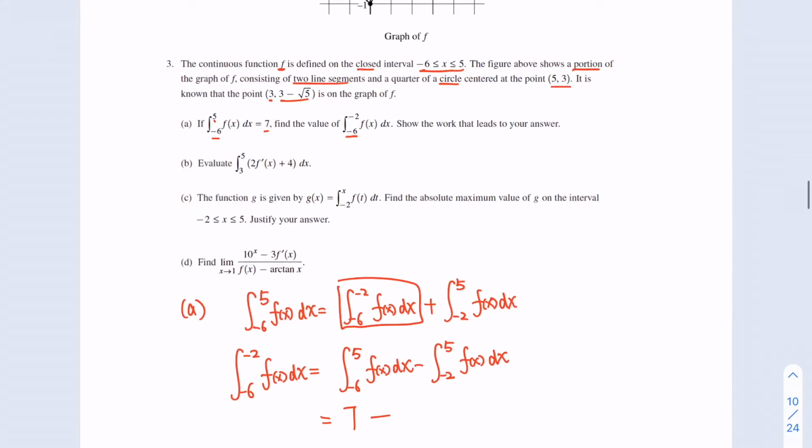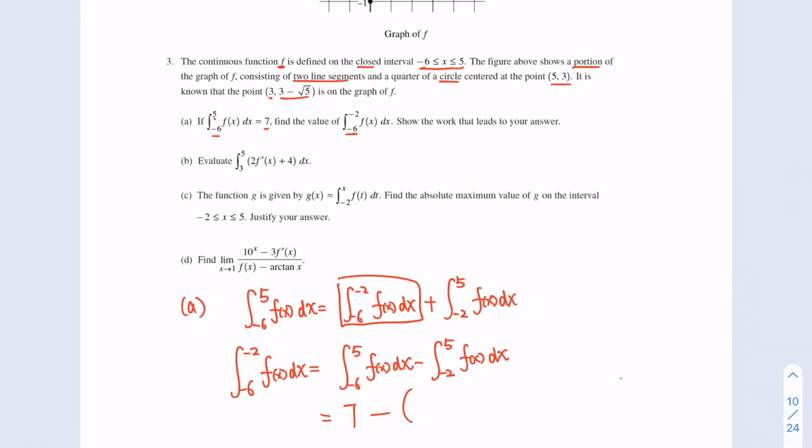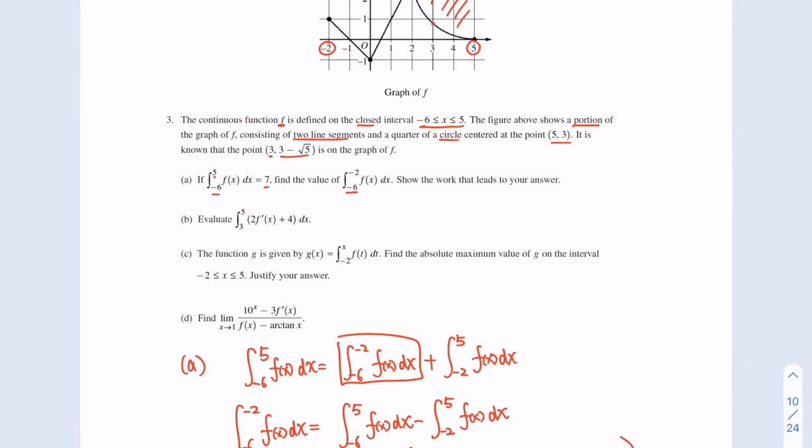Now let's have a look from -2 to 5. How do we calculate the integration here? As we realize, we have to use the area to calculate the integration because no function is given. A1 and A2 are the same area but opposite sign, so they cancel.